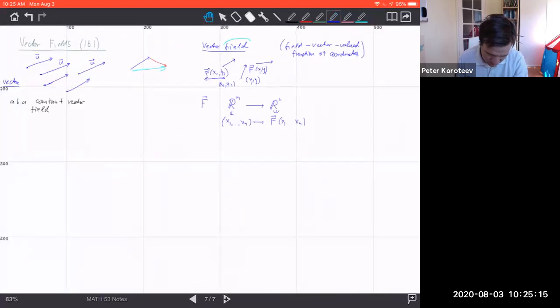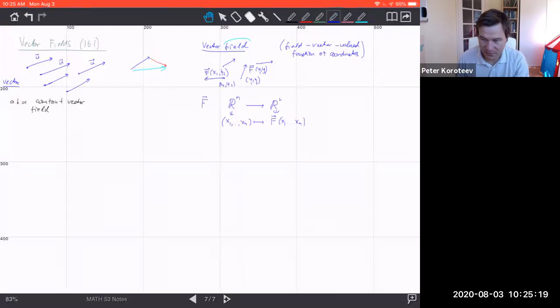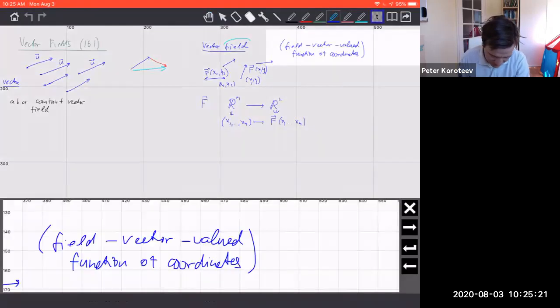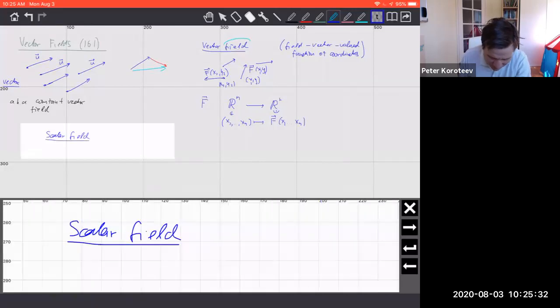As opposed to, say, a scalar field. In physics, you can also have scalar fields, which is just a function of coordinates.